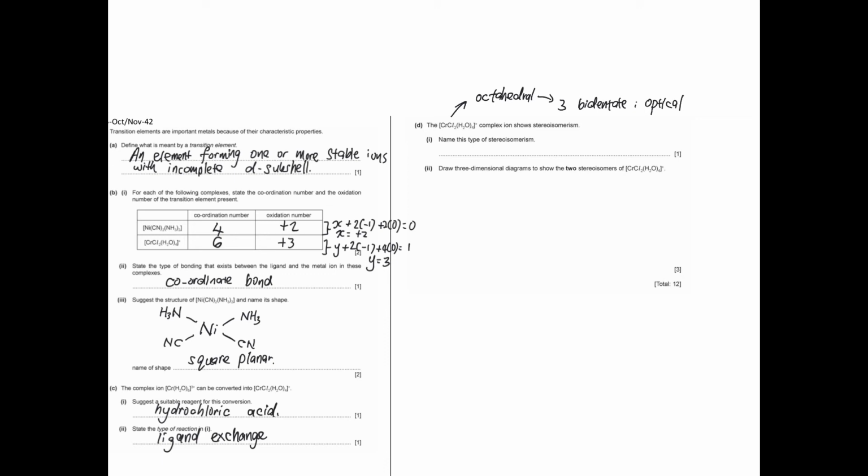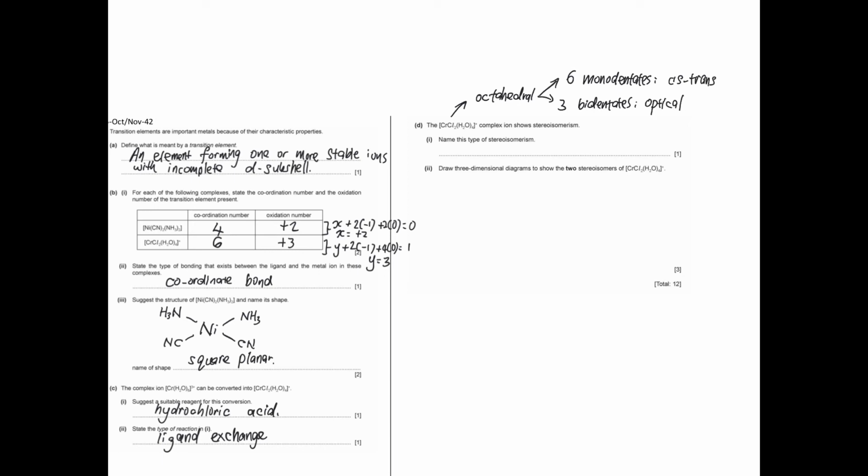But this is not bidentate. H2O is monodentate, chlorine is also monodentate, so this is 6 monodentate. They form cis trans.